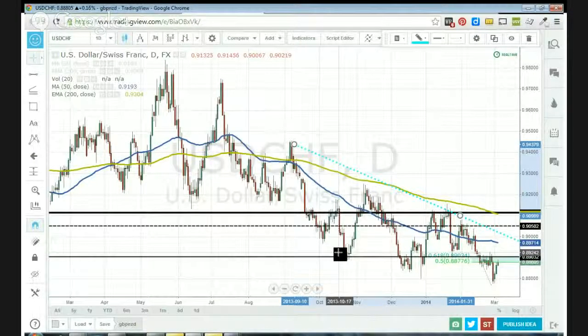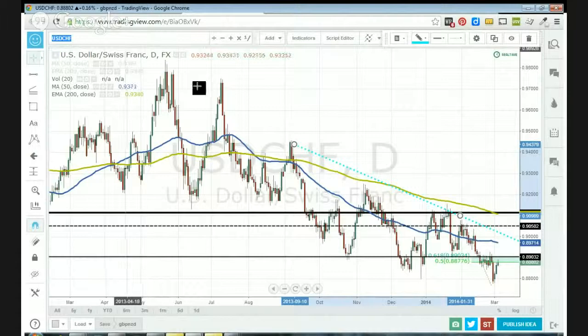Okay, just change that a little bit. Yeah, the thing here is I just want to hold out for reversal candlesticks. If we can get reversal candlesticks, then I might put on a short dollar Swiss position. Until then, though, I think I'll pass. But this might be an opportunity in the next day or two.